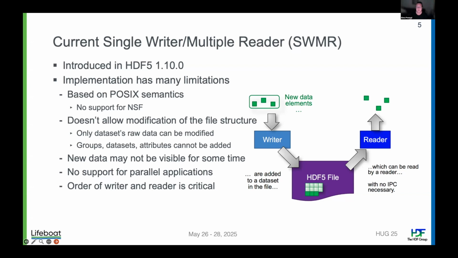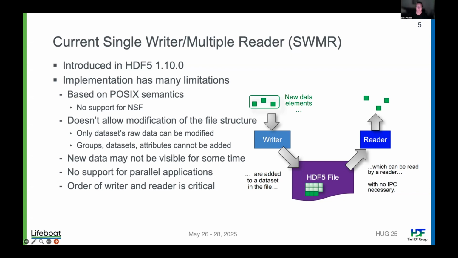So the order of writing is very important. Readers see A, and then they see B. As a result, we couldn't support SWMR on file systems that do not have these requirements. And there was no support for NFS, and Michael talked about how they bypassed the problem.